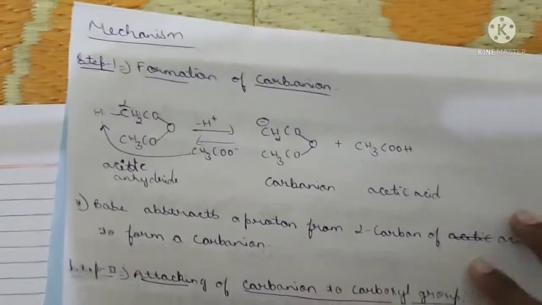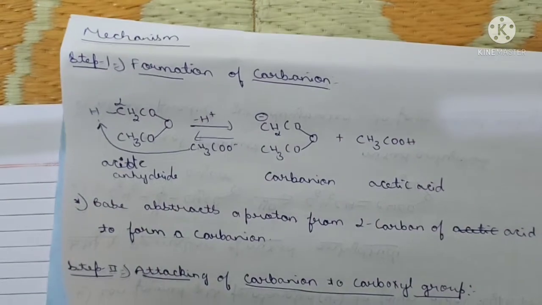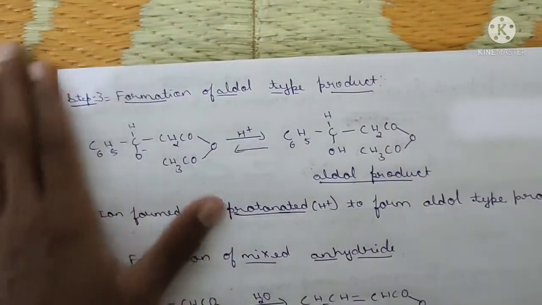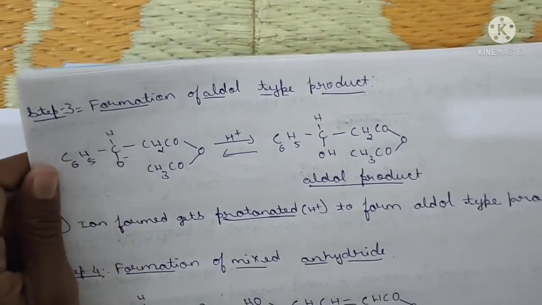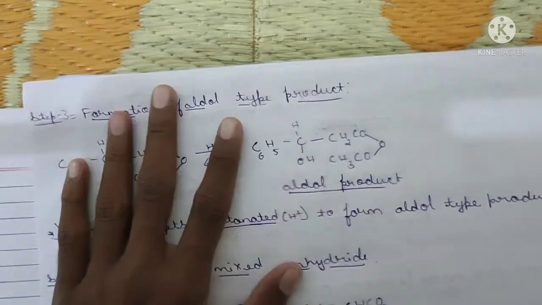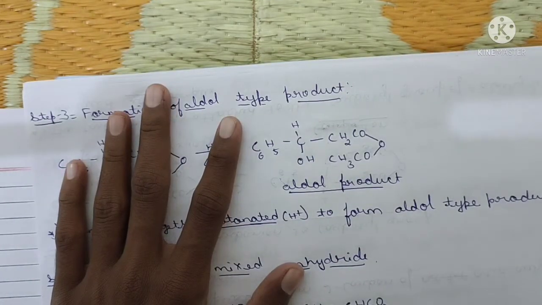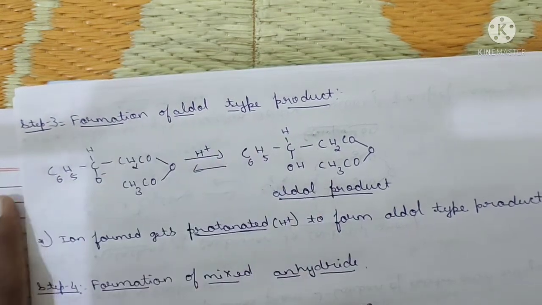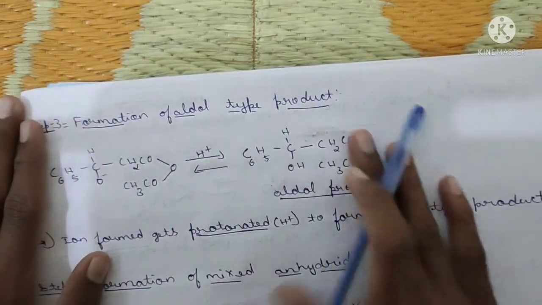Now let's move to step 3, the formation of aldol type of products. Here, in the Perkin reaction, alpha beta unsaturated products are formed, as I have told you. This is the complex ion. It gets protonated, accepting H plus from water to form an aldol type of product.